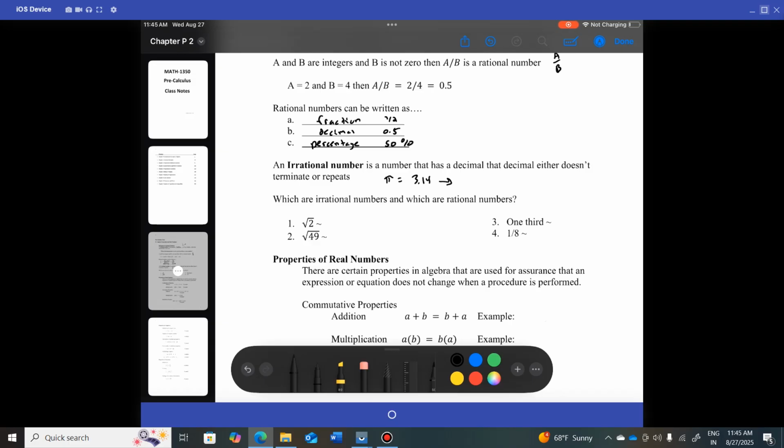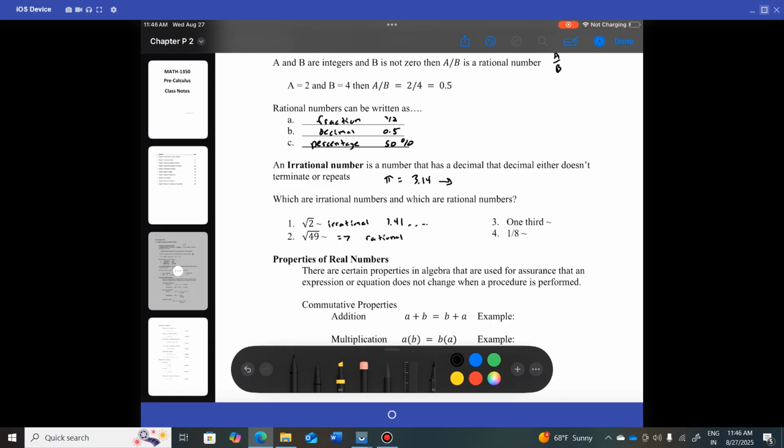So square root of 2, that is considered irrational. It's going to be 1.41 and then a lot of other digits after that. Square root of 49, though, if we take the square root of that, we get just 7. So this is rational.